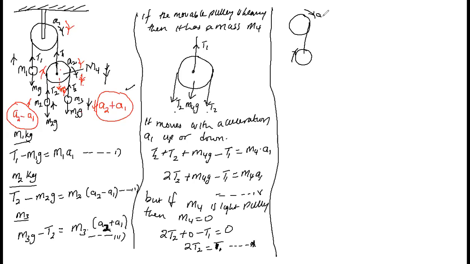This has A1, this has A2. I'm looking at mass M2. Now, M2G, it is going up by what force? T2 is the one taking it up, overcoming M2G. But the resultant acceleration will be the acceleration due to this direct pulley making it move, which is A2.